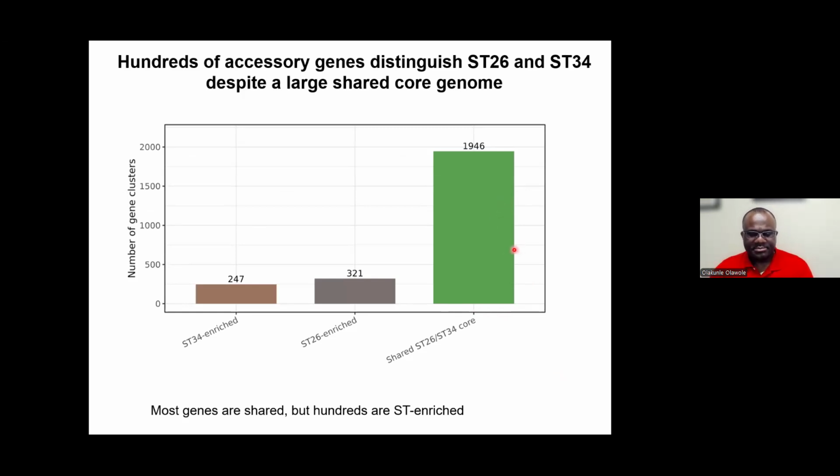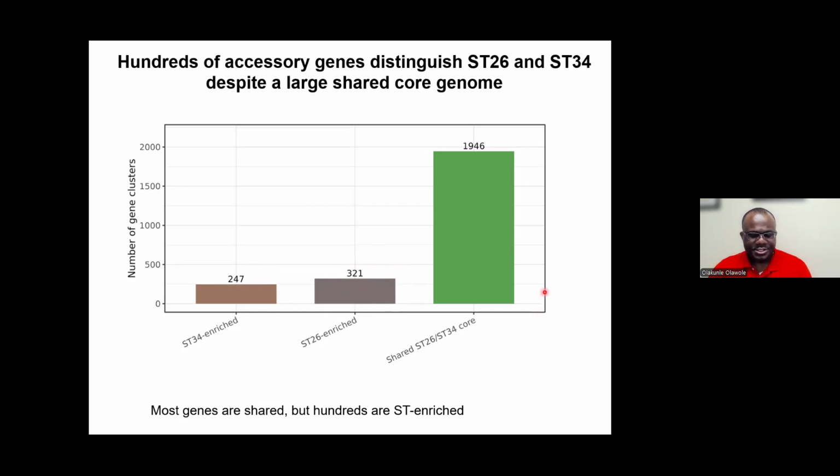On top of this shared backbone, about 246 genes were enriched within the ST34, and a little bit more than that were enriched within the ST26. So therefore, hundreds of these ancestry genes, we believe, distinguish the two dominant plum-associated lineages.